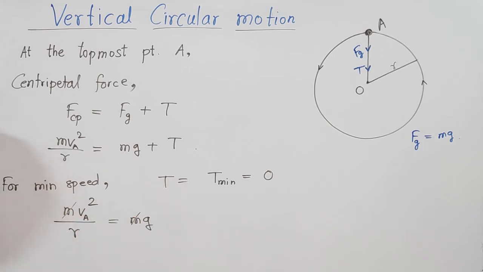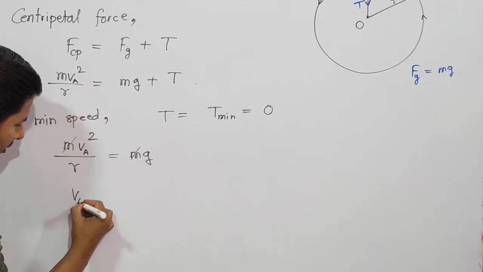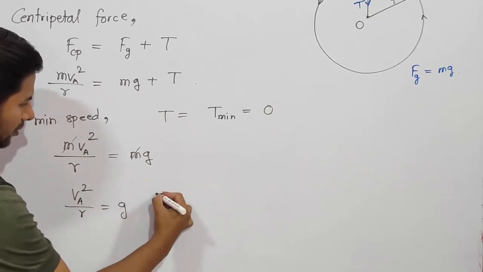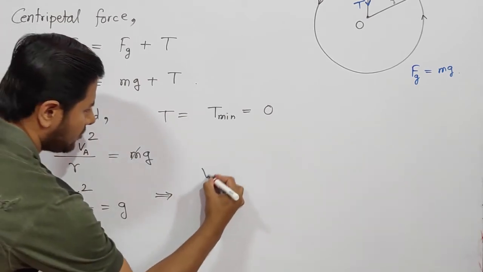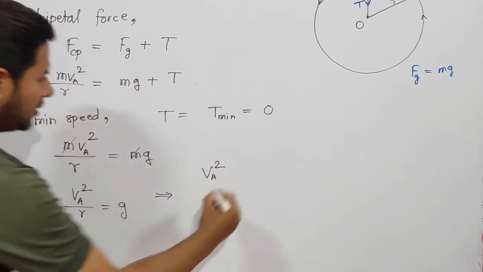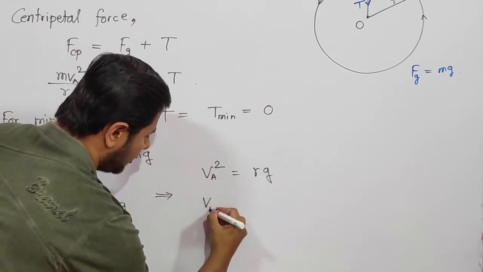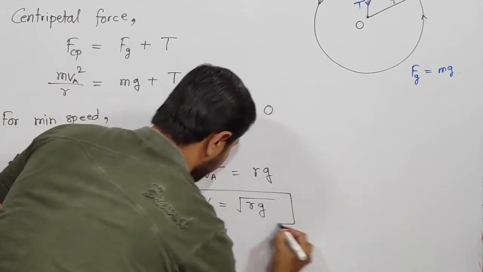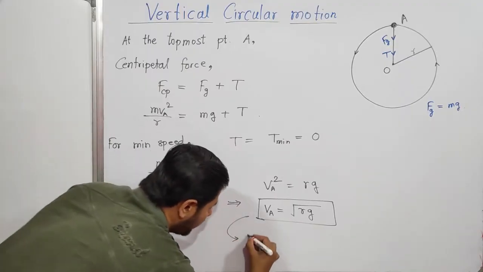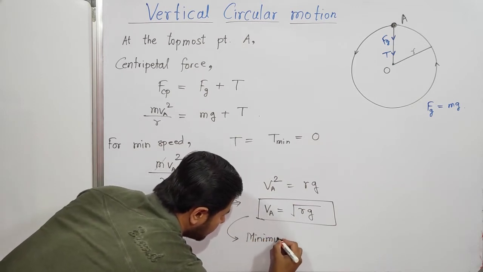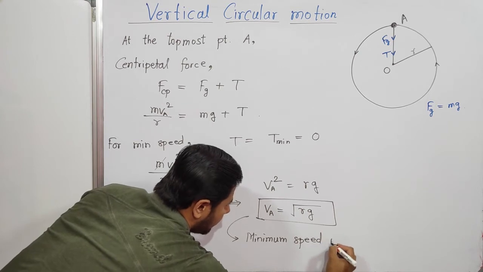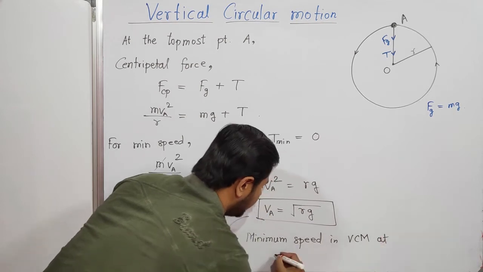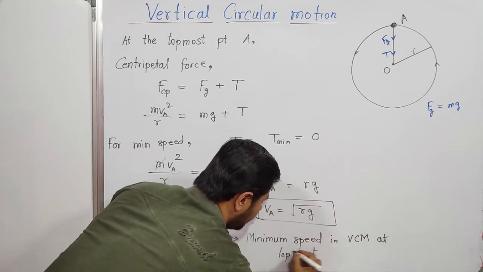So m and m get cancelled out and we are left with v_A squared divided by r equals g, and that means v_A squared equals r g, and therefore v_A equals square root of r into g. So this is the formula for minimum speed in vertical circular motion, in VCM, at the topmost point.